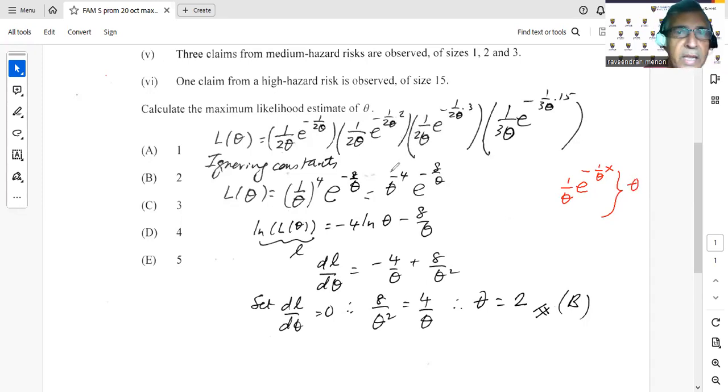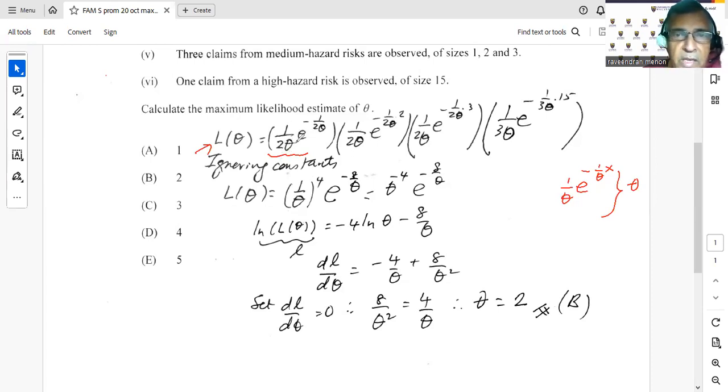So we're using that. Take note that we are starting with your medium hazard risk. For the low hazard risk, there are no observations. For medium hazard risk, we have 3 observations, 1, 2, and 3. When we set up your likelihood function, L of theta, the mean of your medium hazard is 2 theta.